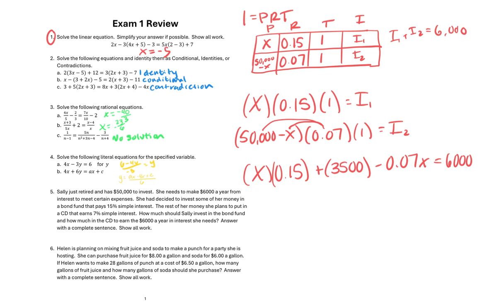Okay, so now we can add like terms. So we have a 0.15x and a minus 0.07x. So 0.15 minus 0.07 is going to be equal to 0.08. So we have 0.08x plus 3,500 equals 6,000. We subtract the 3,500.